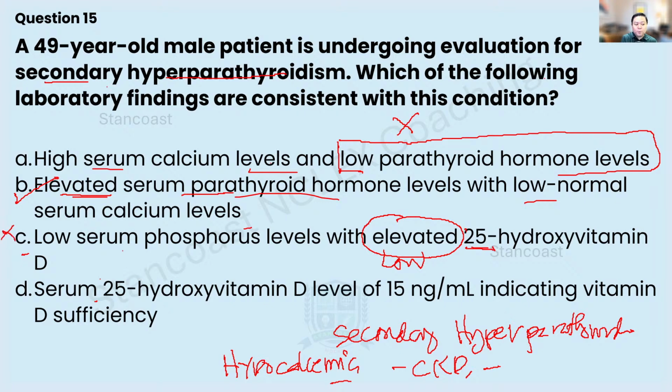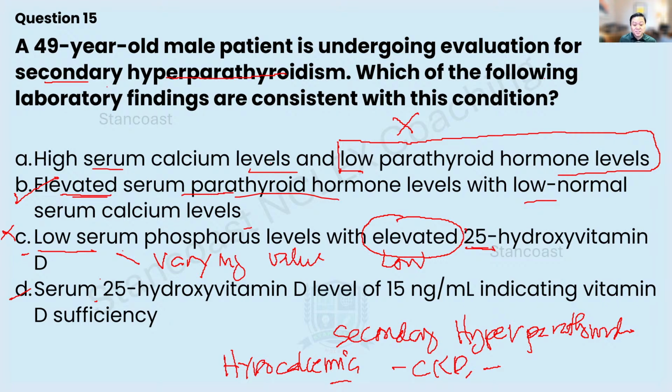Now, in a patient that has secondary hyperparathyroidism, they will have varying serum phosphorus levels. So it's not really going to be a consistent low serum phosphorus, but varying values. It's not consistent.